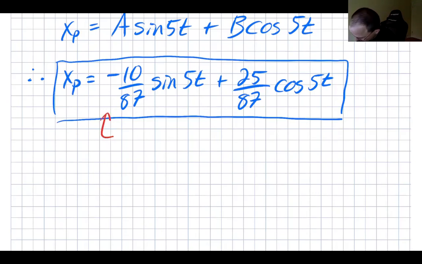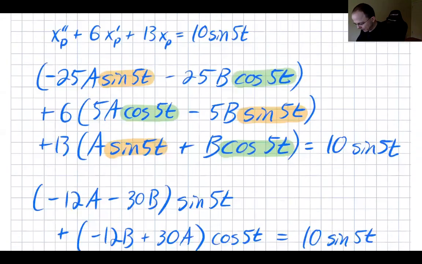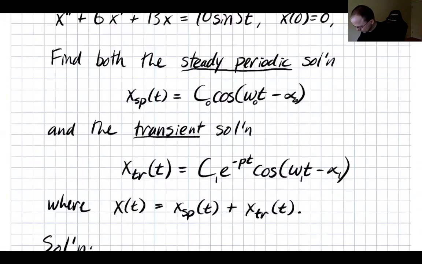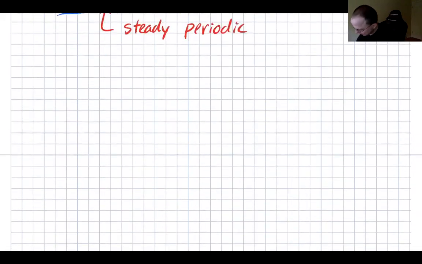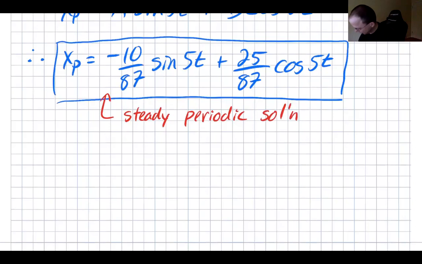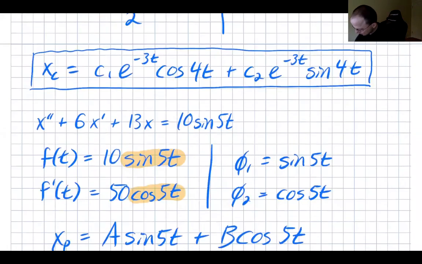So this is going to be our steady periodic solution, and this is going to be our transient solution. Although we don't know what the C1 and the C2 are yet. We need to use our initial conditions to determine that.